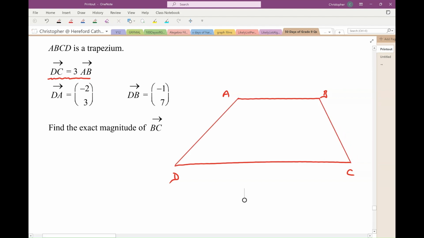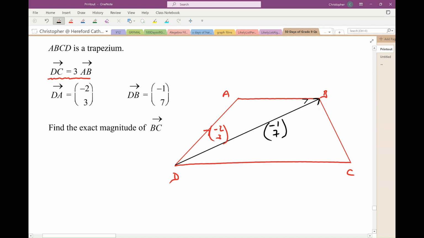Okay, now I'm told that D to A, that's this vector here, is (-2, 3). I know it doesn't look like (-2, 3) on the diagram, but never mind that. Okay, and I'm also told that D to B, which is this vector here, is equal to (-1, 7).